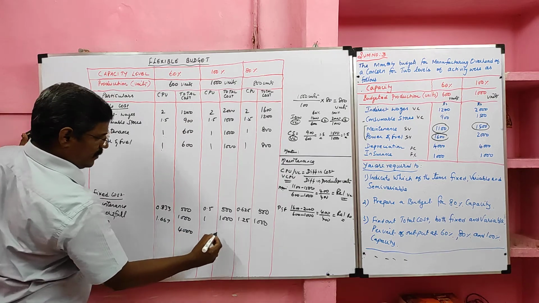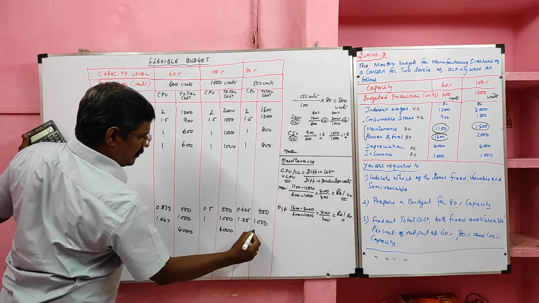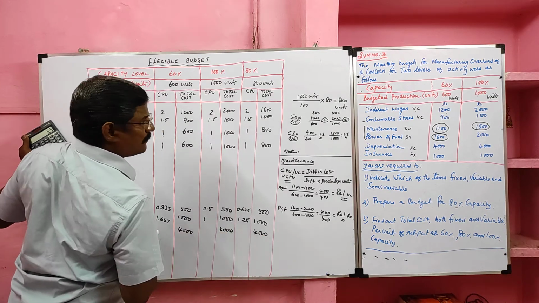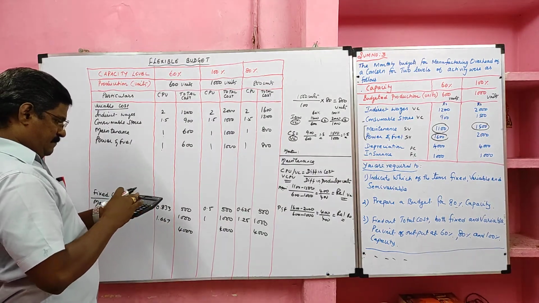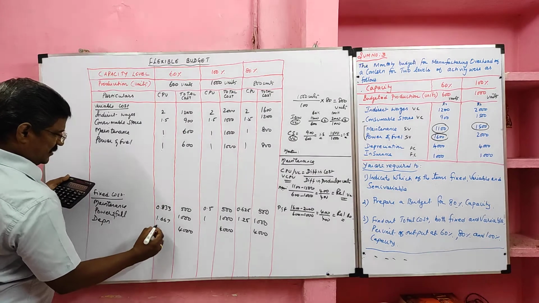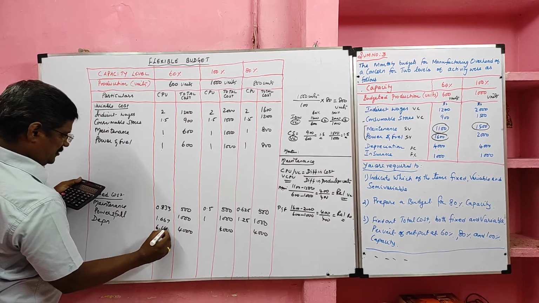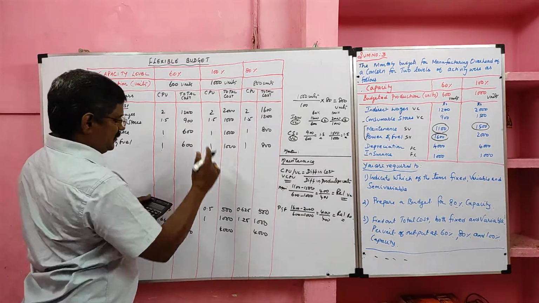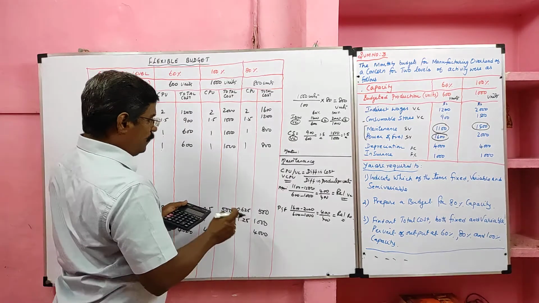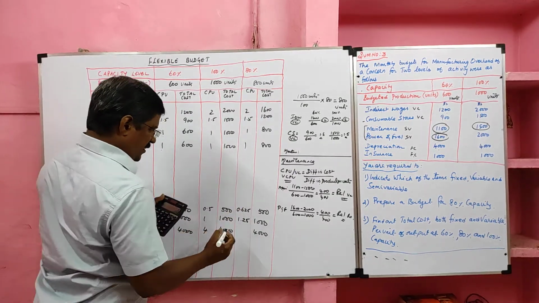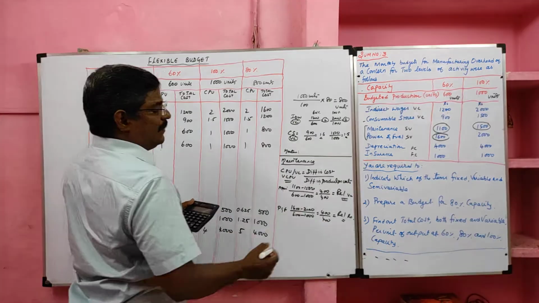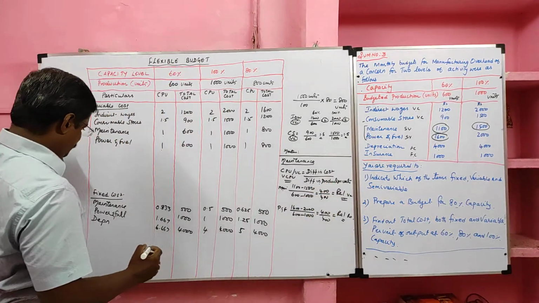4000, 4000. So 4000 divided by 600 will get 6.667. 4000 divided by 1000 will get 4. 4000 divided by 800 we'll get 5. Then the last one, insurance.